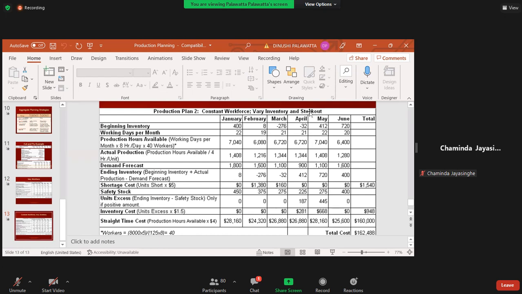Constant workforce, vary inventory and stock out. Here, in this example, the first thing you have to decide is the constant workforce.